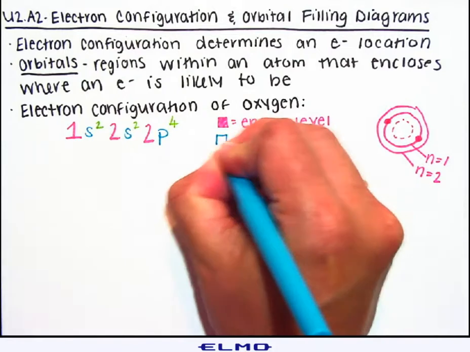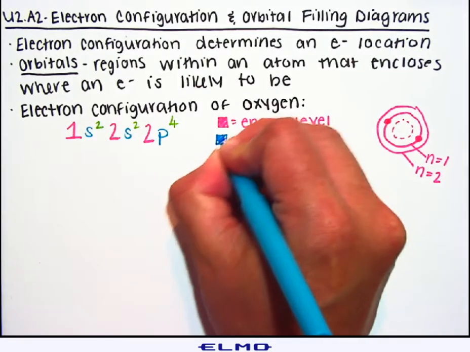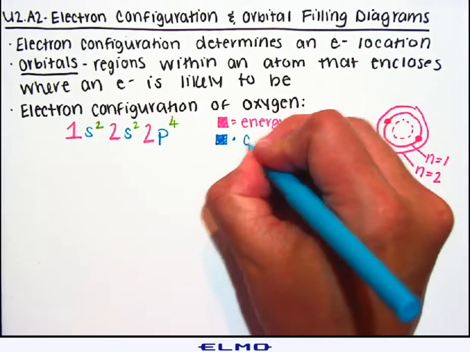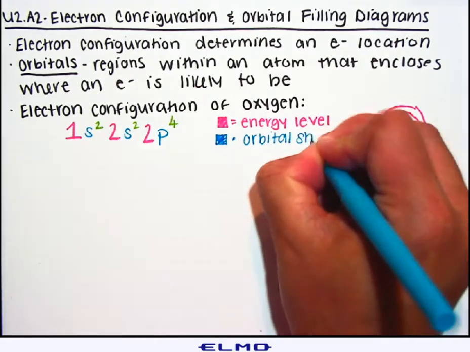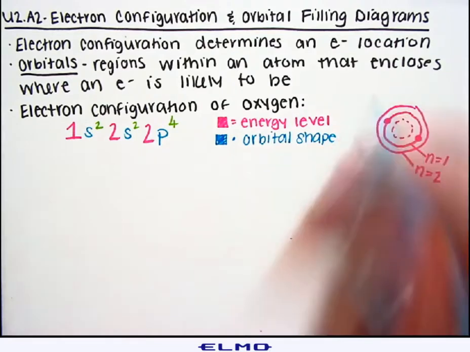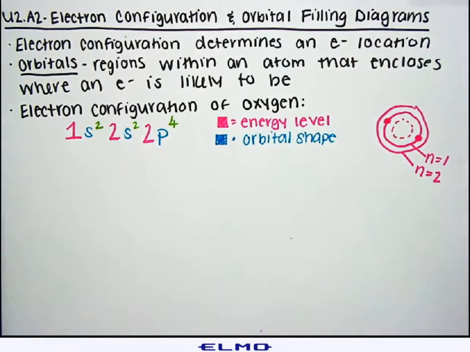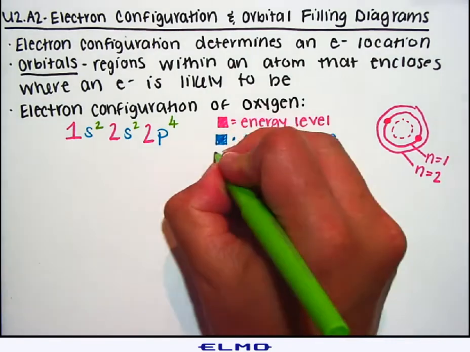Blue, the letters. This represents the orbital shape. So we're going to talk about that a little bit more in a little bit, and I'll show you what those different orbitals look like, but that tells me the shape of the orbital where the electron is likely to be.